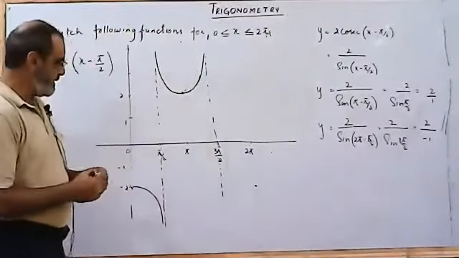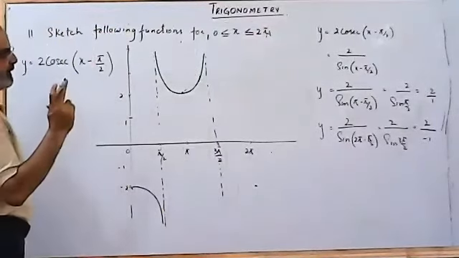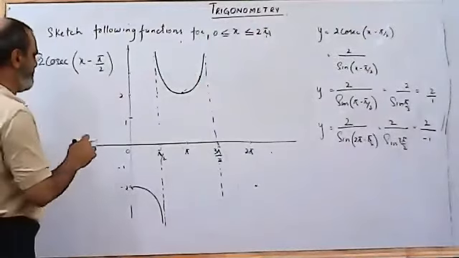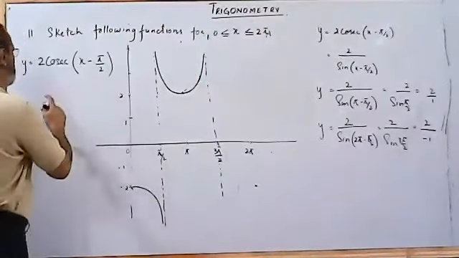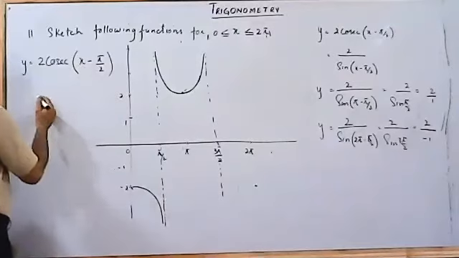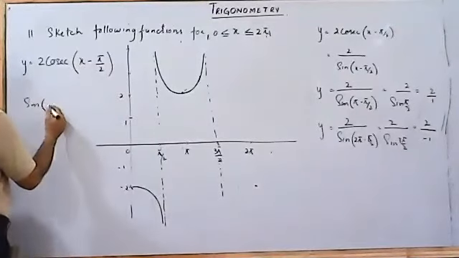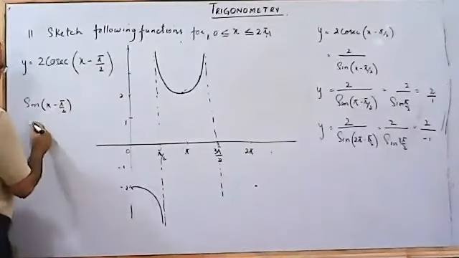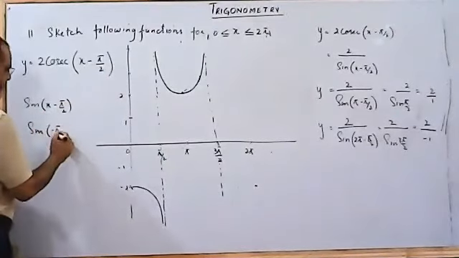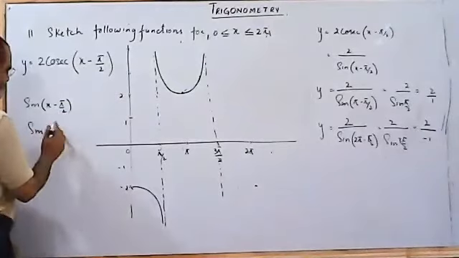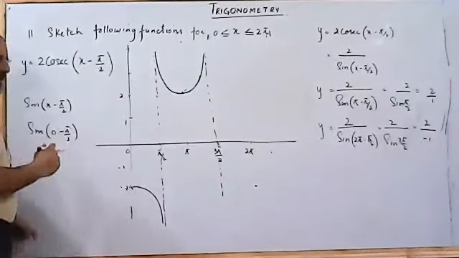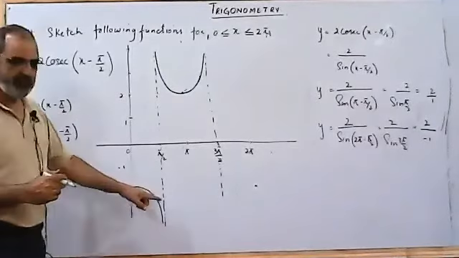One thing you have to consider here, over angles x minus pi by 2. When we put 0 here, remember I am considering sine x minus pi by 2. When I put a 0 here, it is sine negative pi by 2 for 0. That's why the curve is in the negative section.